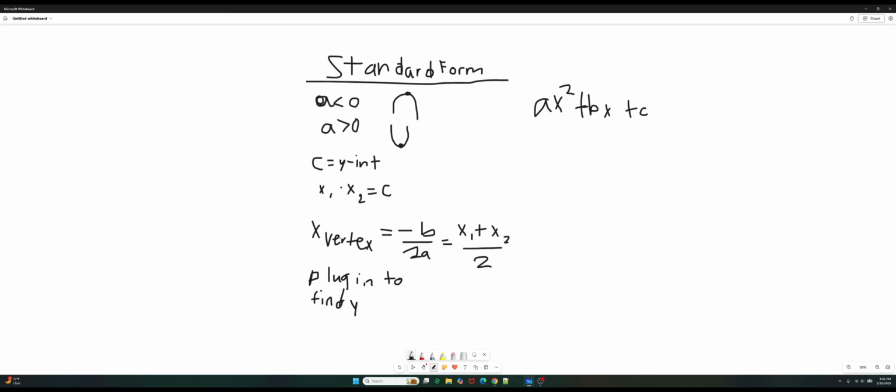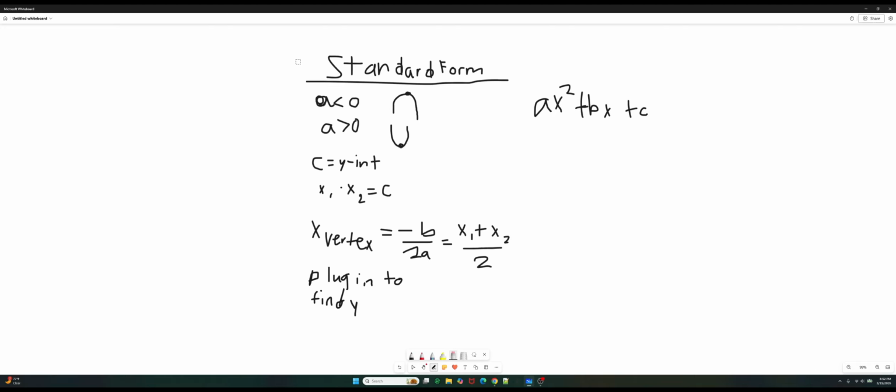To find the vertex, or the x-coordinate of the vertex specifically, you want to use the formula -b/2a. This will give you the axis of symmetry, which is basically the x-coordinate of the vertex. Or you could use the midpoint formula where you add both the roots or the solutions of the quadratic function and then divide by 2. And if you want to find the y-coordinate for the vertex, you just plug in x to find y.